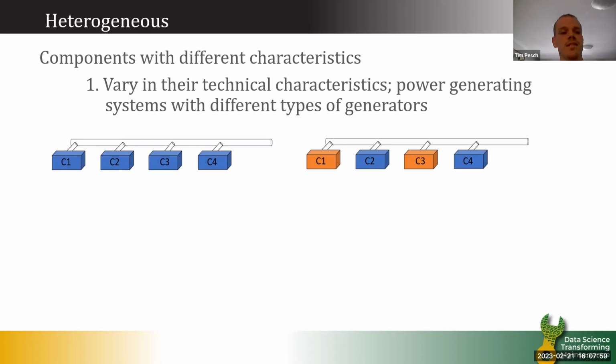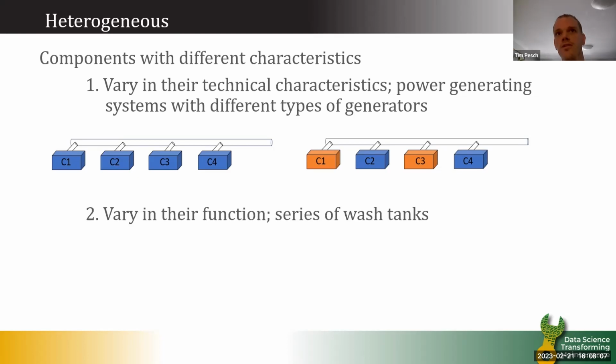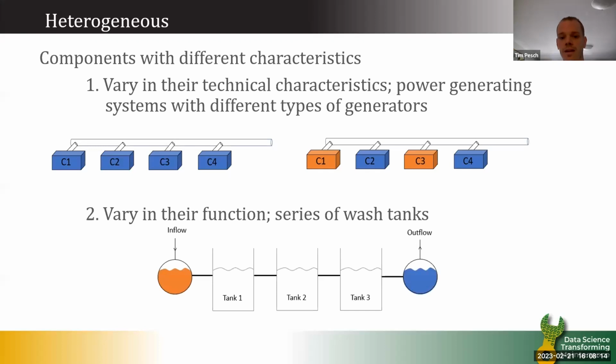The other reason as to why we might consider components to be heterogeneous is that while they are technically identical, they might have a very different function within a system, and series systems are a very good example of that. So for instance, if we look at 3 wash tanks that filter some inflow, then the first tank receiving the much heavier polluted inflow has to work a lot harder than the second and the third tank respectively.